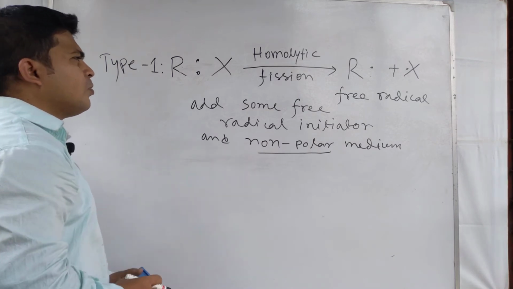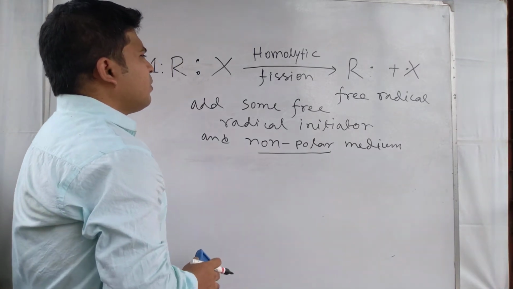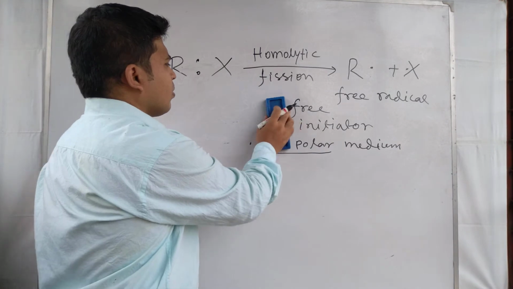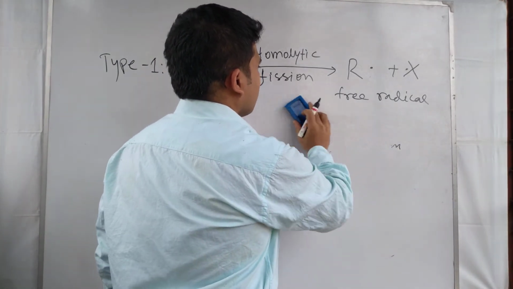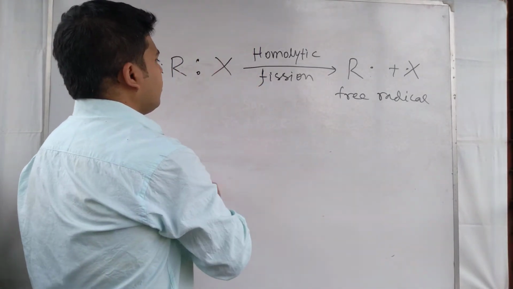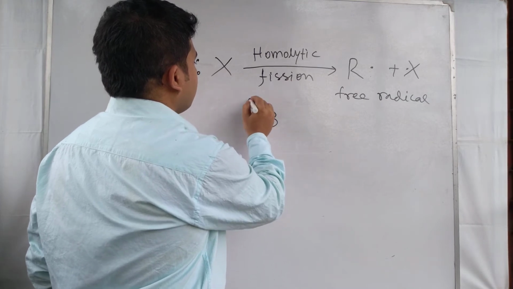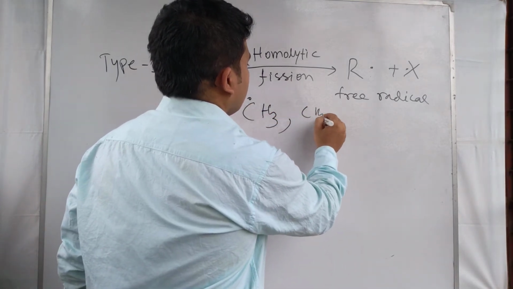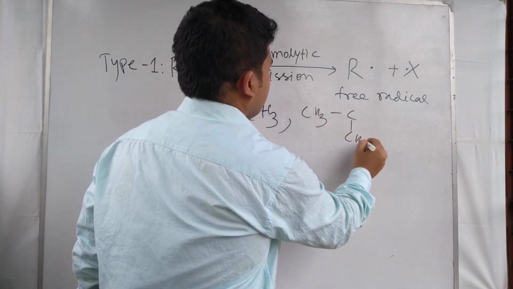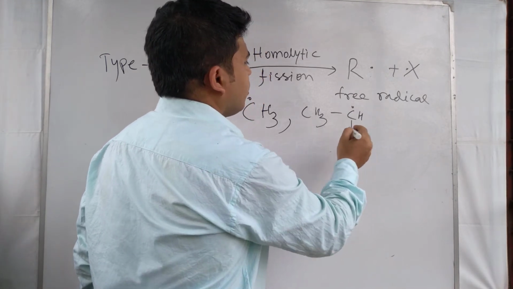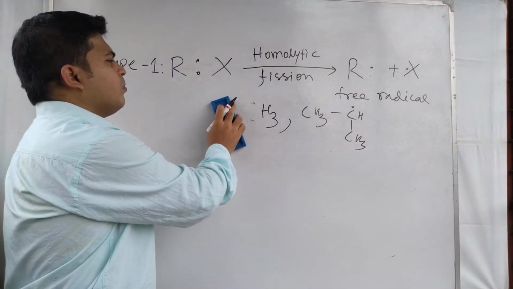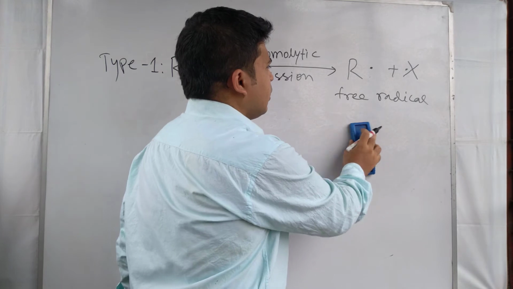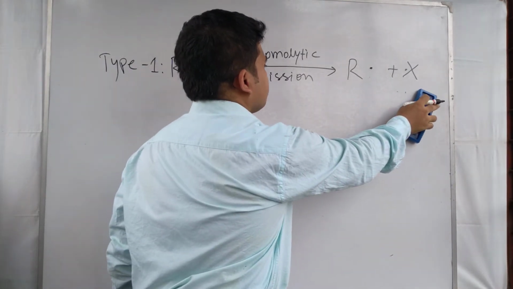Okay, so this is about homolytic fission, and by this homolytic fission, CH3 dot, CH3 CH dot, this type of free radicals are formed: 1 degree, 2 degree, 3 degree free radicals.